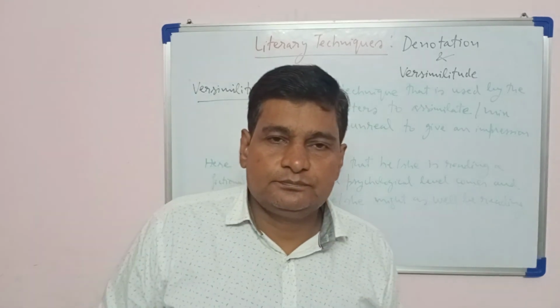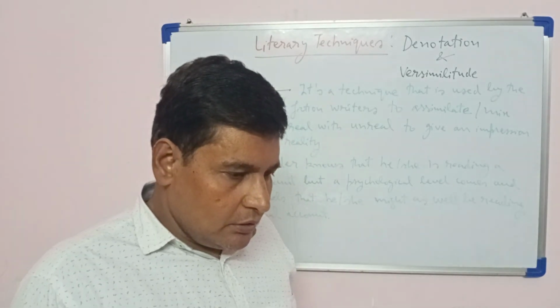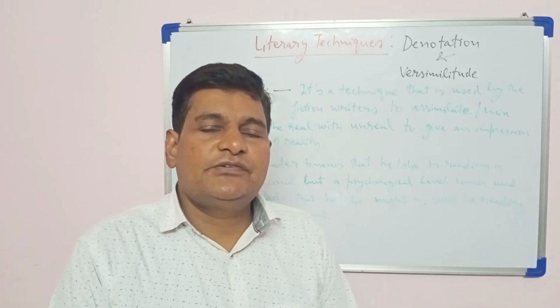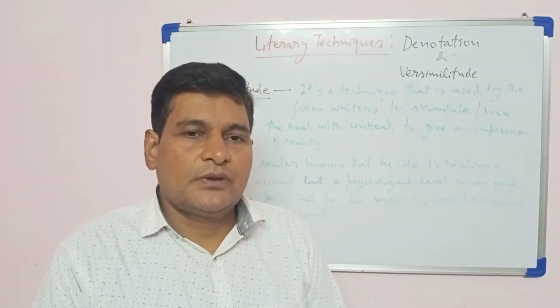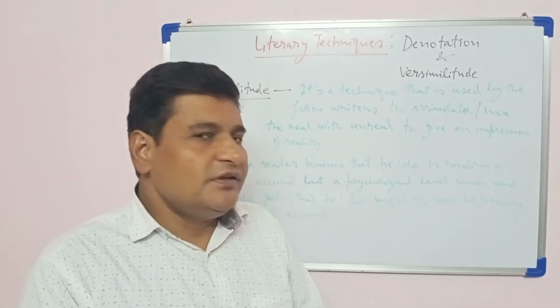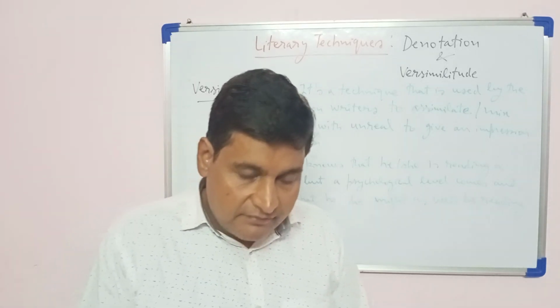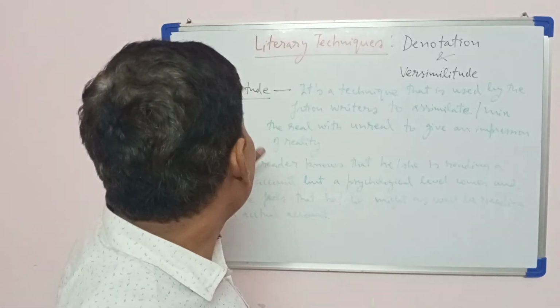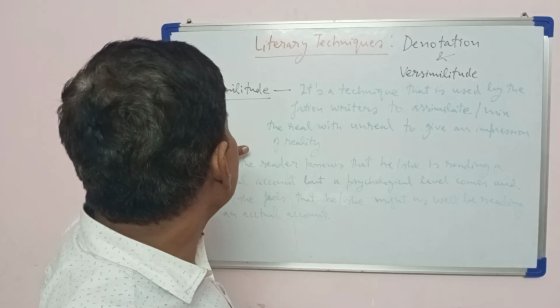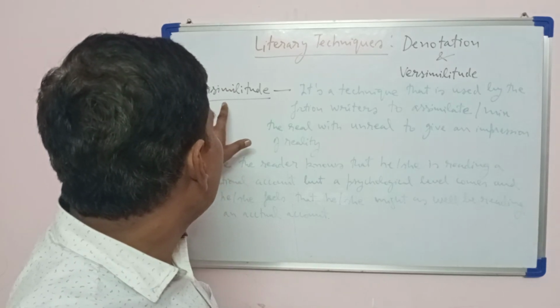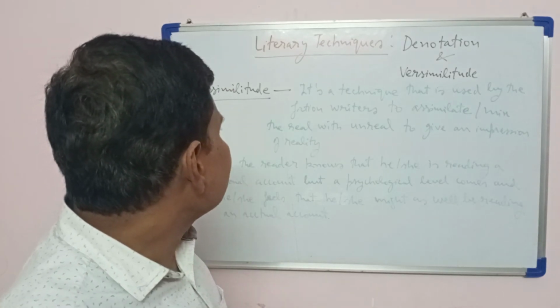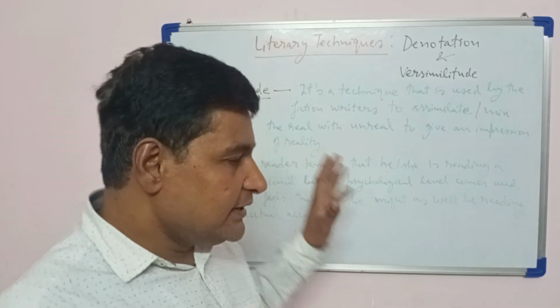Example: there is a novel of Tolstoy, War and Peace. In this novel, we will find the example of verisimilitude.